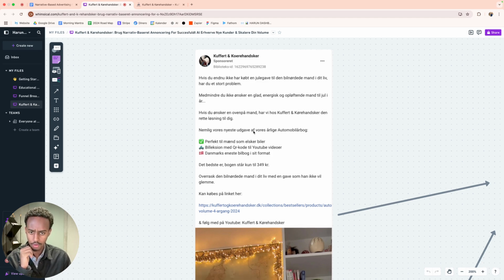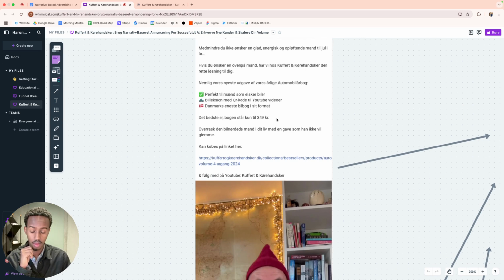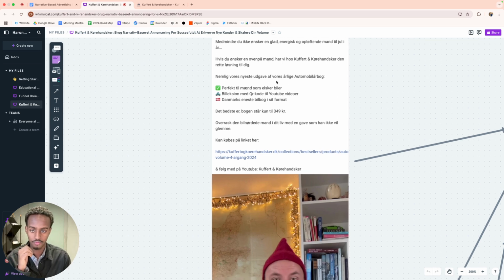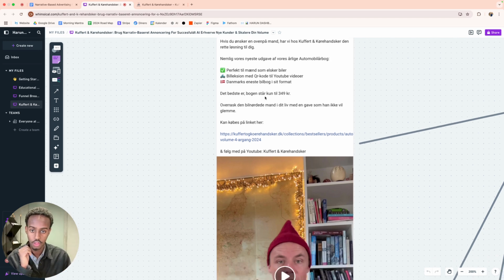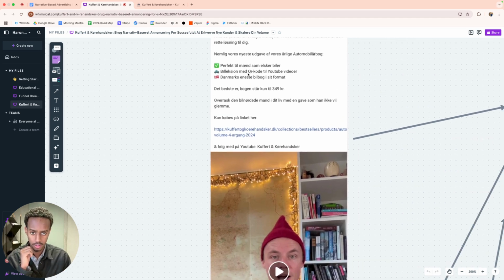Our truly unique yearly book, that essentially would be the perfect solution for you. It's perfect for men who love cars. It has a lexicon with QR codes behind the book, with YouTube videos that your man that loves cars can watch, and it's the only book in Denmark of this format.